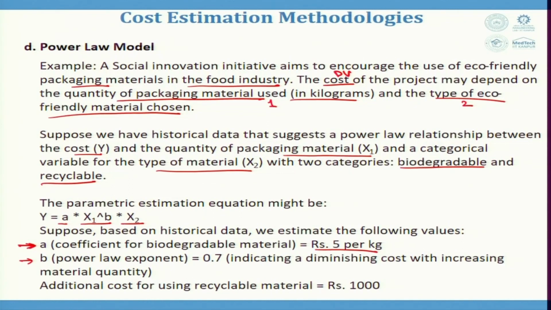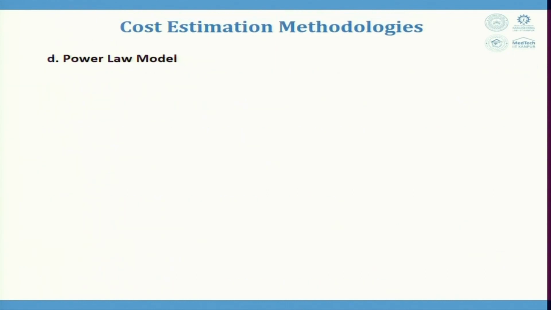Additional cost using recyclable material is rupees 1000. Now, let us try to calculate a situation where eco-friendly packaging is for 500 kg of biodegradable material. When I say 500 kg of biodegradable material, that is my value of x1 is 500 kg.